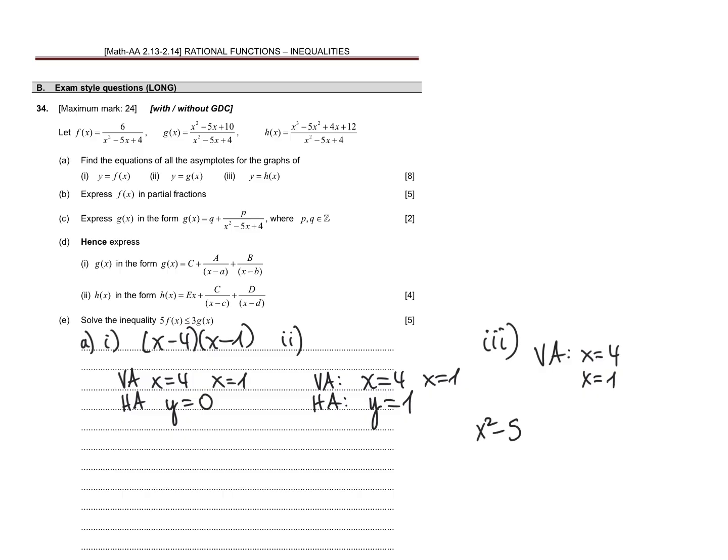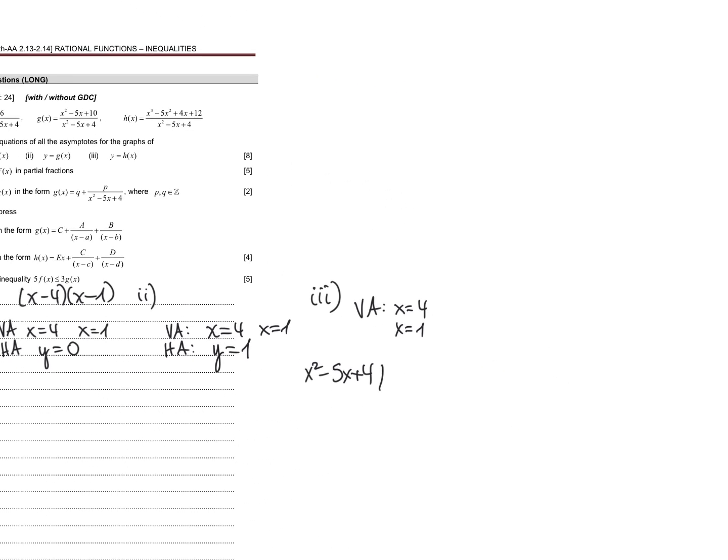And I am going to do long division here. So x cubed minus 5x squared plus 4x plus 12. So x cubed minus 5x squared plus 4x, that's all 0, so bring down the 12.